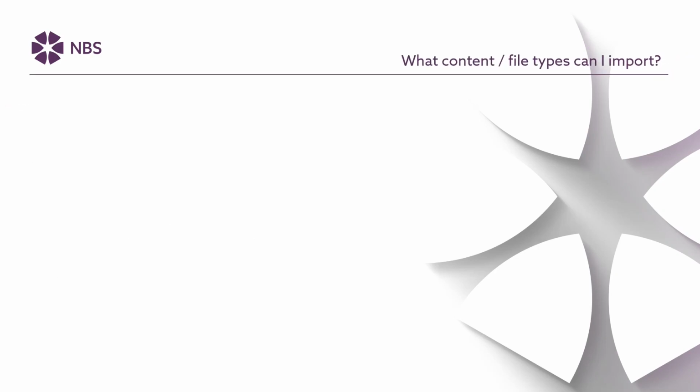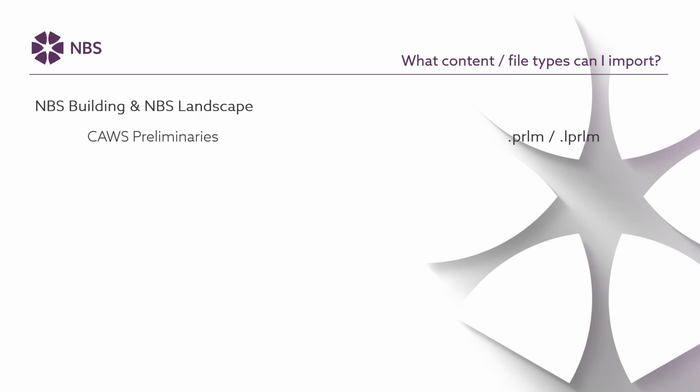So, what file types, and hence content types, can you import into Chorus? Firstly, I'll run through the NBS Building and Landscape file types. You can import CAWS, or Common Arrangement of Work Sections, preliminaries files.